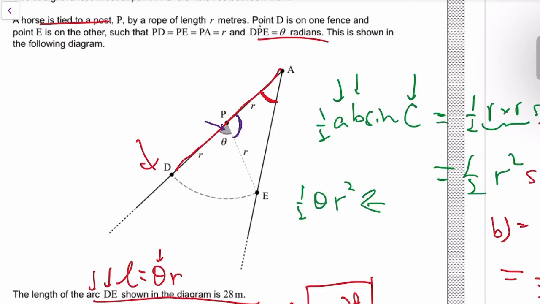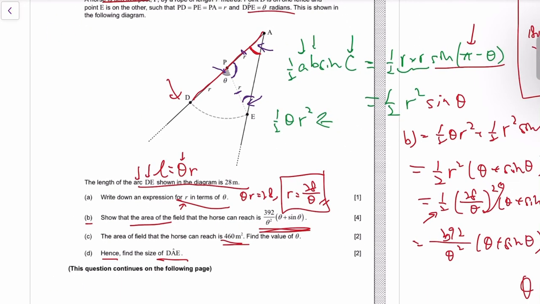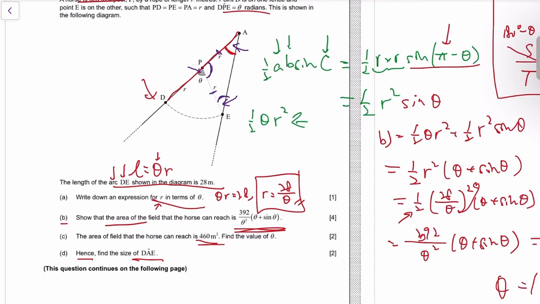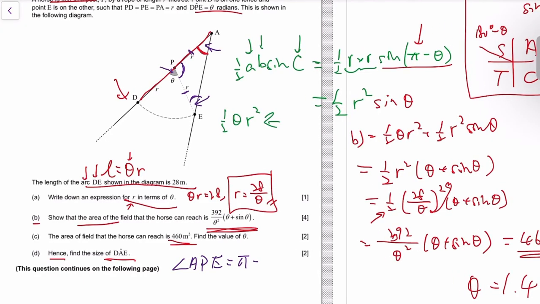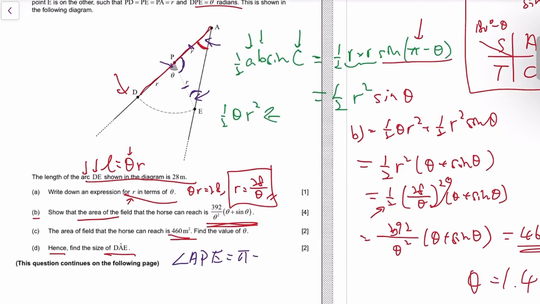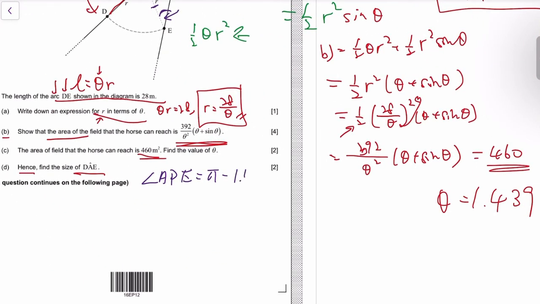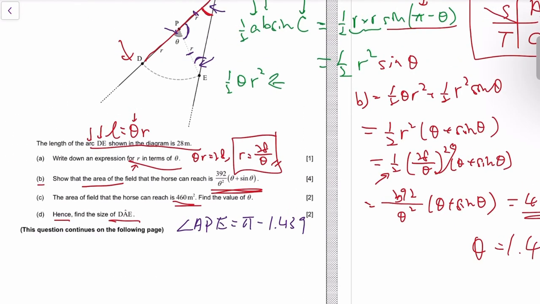And also PA is r, PB is also r, so this is an isosceles triangle. So whatever this is would be the same as this. Hence, it should be quite easy to get angle A. So obviously angle APE would be 180, in radians pi, minus the theta we got. So it's 1.439.